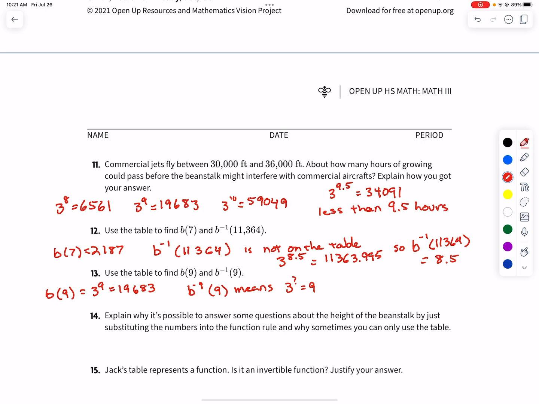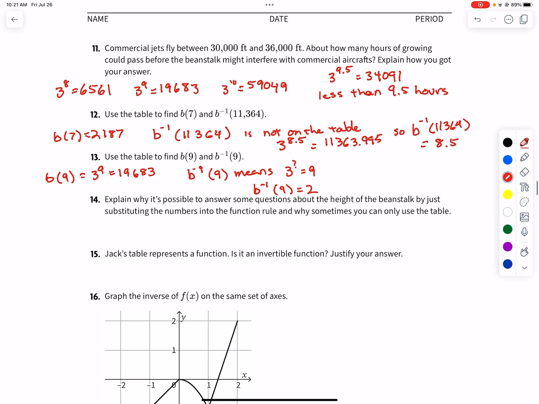So b inverse of 9 is 2. Okay. Why can we answer some heights of the beanstalk by plugging in numbers, and sometimes we can't use the tape, we can only use the table?